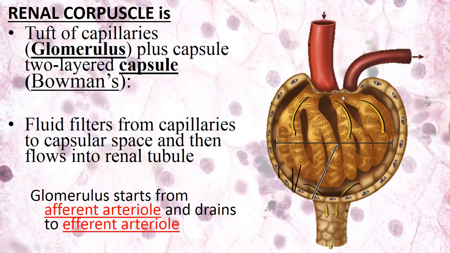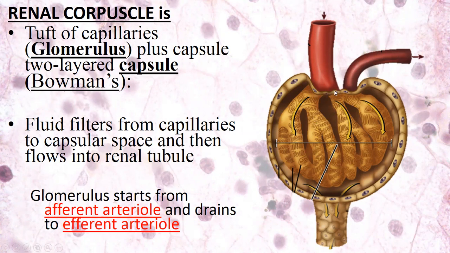So it's the exception from the generally accepted rule, which says that all capillaries are located between artery and vein, or between arteriole and venule. It's an exception because capillaries are located between two arterioles, and this efferent arteriole later will be divided into a secondary capillary network, which is located near the tubules, and it participates in the reabsorption.